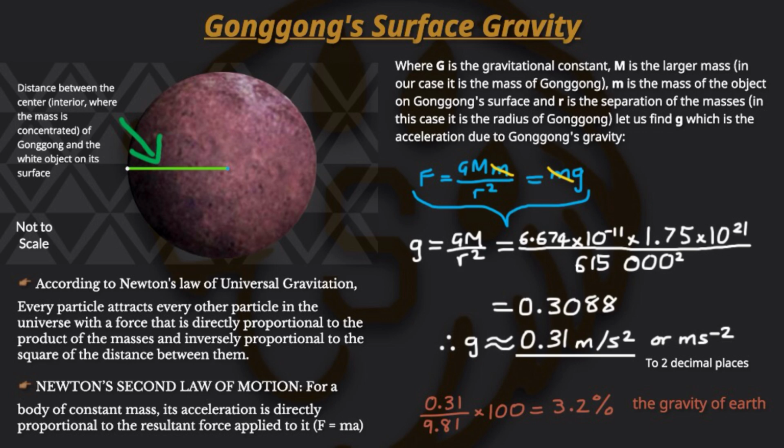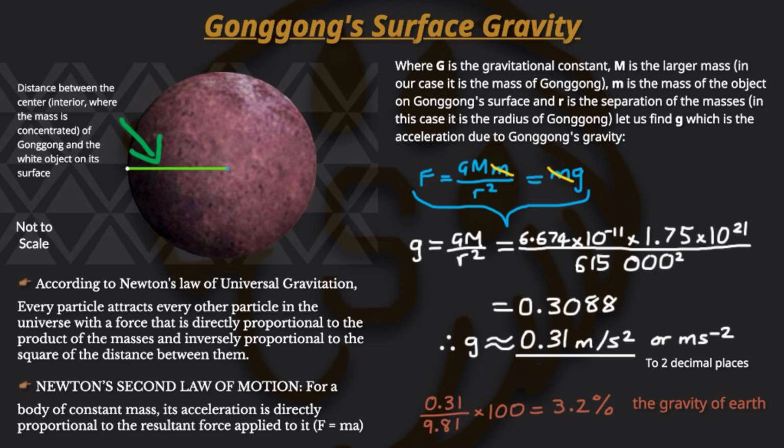We divide that by the radius squared, and the radius is 615 kilometers, or 615,000 meters, and that is squared. And then we get our answer, 0.3088 meters per second squared. That's a premature approximation, and the final answer is 0.31 meters per second squared to two decimal places, or two significant figures if you want to say it like that.